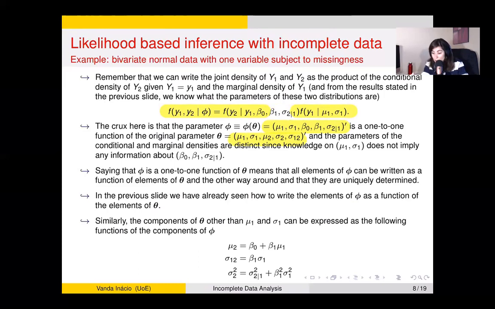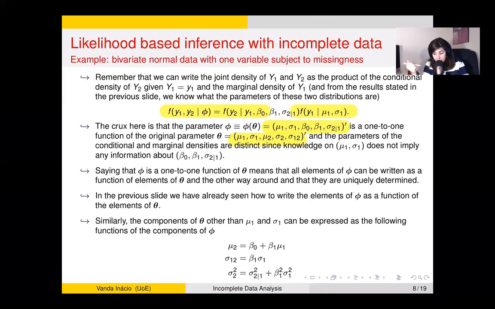And we see that theta and psi share mu1 and sigma 1, but then we have beta 0, beta 1, and sigma 2 given 1, while in theta we have the mean, the variance, and the covariance.